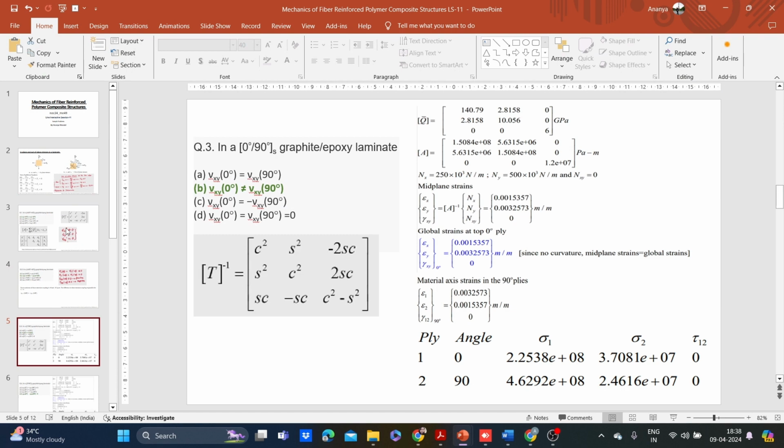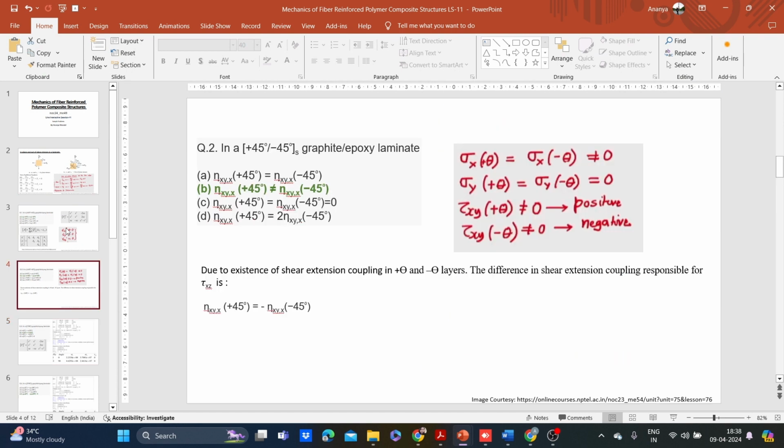Yes. Yes, ma'am. This eta for plus 45 and minus 45 is different, but for the Poisson's ratio it is the same. How is this possible?